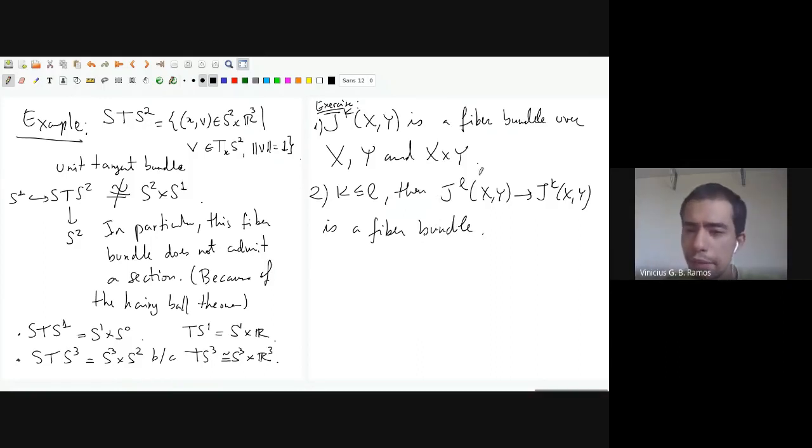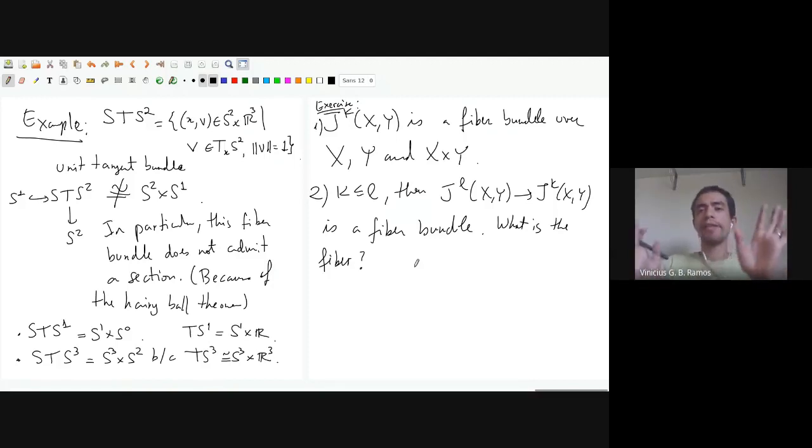And then the second part of the exercise is, what is the fiber? Can someone say the answer to the second part? Describe the fiber. How do you know the fiber?